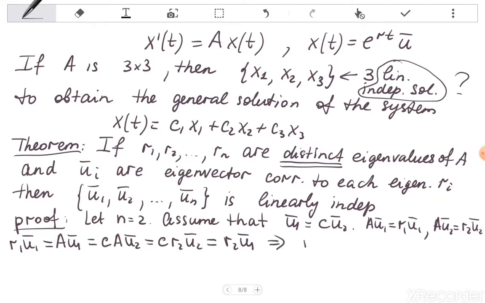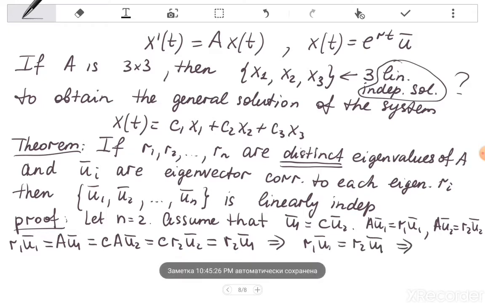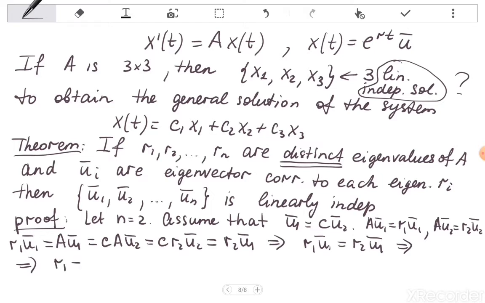So it means that R1 u1 is equal to R2 u1, and we can move this thing to the left side and take u1 out of the brackets, and this must be the 0 vector, right? And since u1 is a non-zero vector, this is an eigenvector which is non-zero, right?